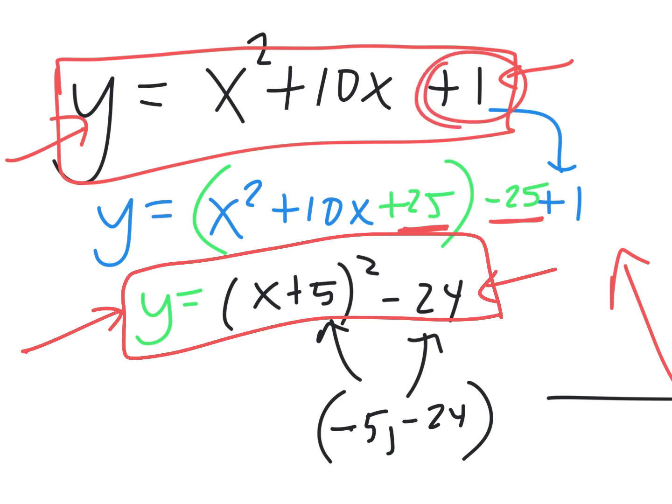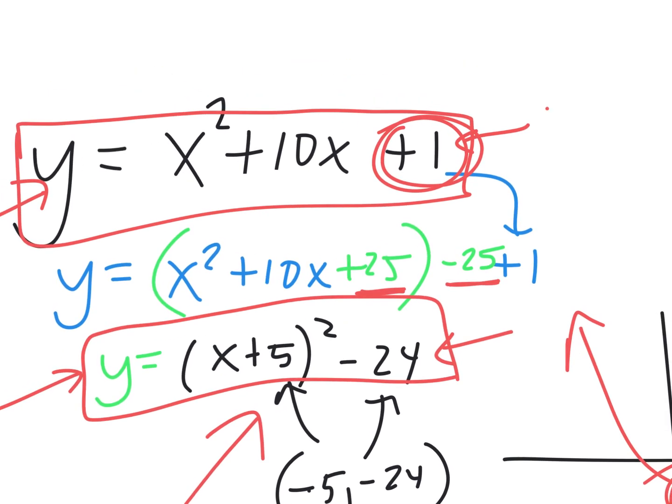This way just tells me the y-intercept. This one doesn't tell me the y-intercept. So, you know, there was one good thing about this standard form. It also tells me A, B, and C. So if I was going to use the quadratic formula, A is 1, B is 10, C is 1. There's a little review of algebra from higher algebra that you learned last year and completely forgot until now.